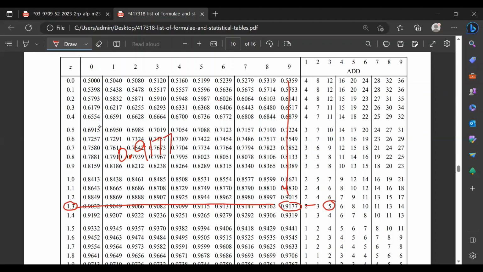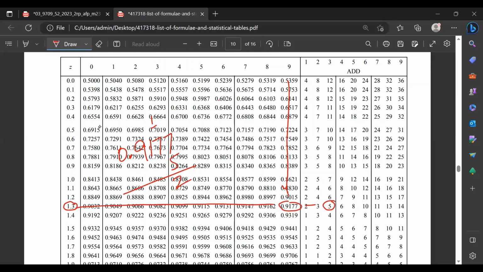and add 5 here. Actually 0.0005 we are adding. So the shortcut is that we just write 5 on the rightmost side.